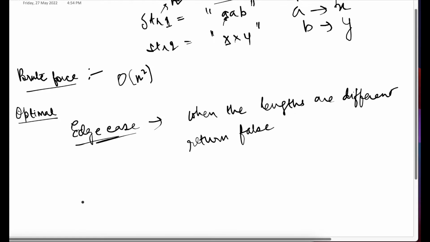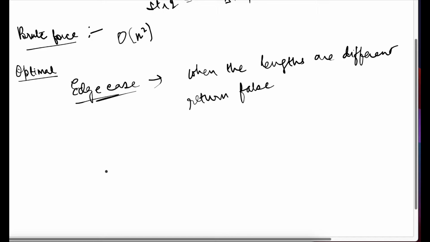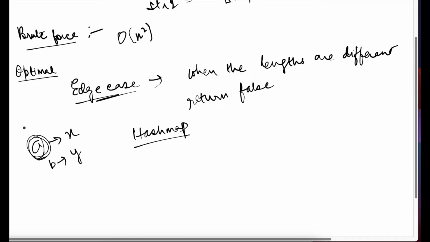Then let's see what else we can do. As I talked about this mapping, A had a mapping to X, B had a mapping to Y. When we are talking of mapping, one data structure that comes to our mind is a hash map. So we will use hashing. We can have str1's character as the key and str2's character as the value. Why do we need to do that?